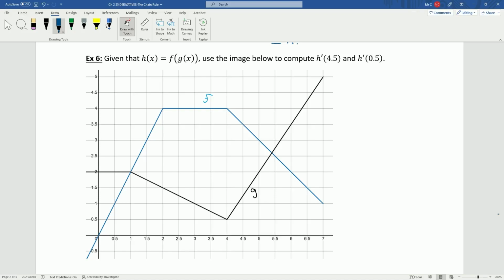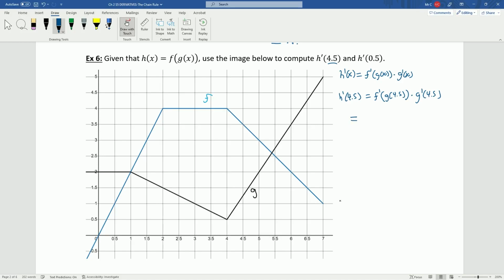Because we've got to keep track of the individual points, it is a little easier if we think, okay, h prime of x is f prime of g of x times g prime of x. So h prime of 4.5 is the derivative of f evaluated at g of 4.5 times g prime at 4.5.